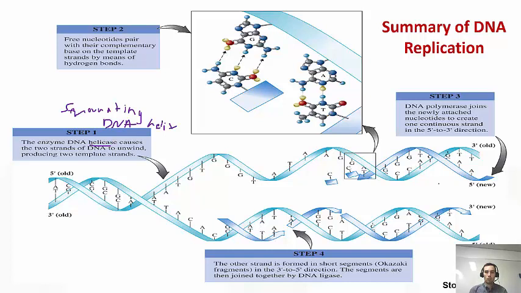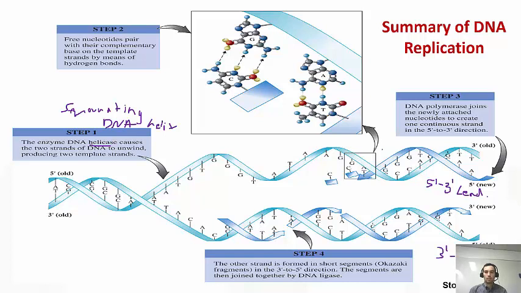However, we can only do this from the 5' to 3' direction on the leading strand, whereas on the lagging strand we have to make short segments called Okazaki fragments because we can't grow continuously due to the other strand running from 3' to 5', and this is what we call the lagging strand.